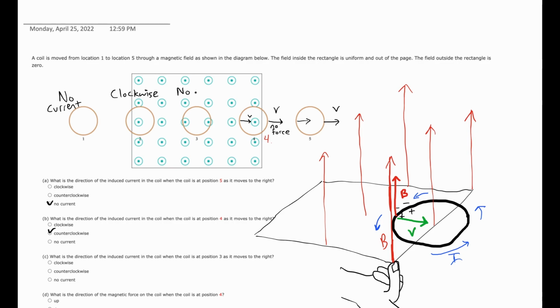We'll have no current at this position. Here our current will be counterclockwise. And over here we'll have again no current.